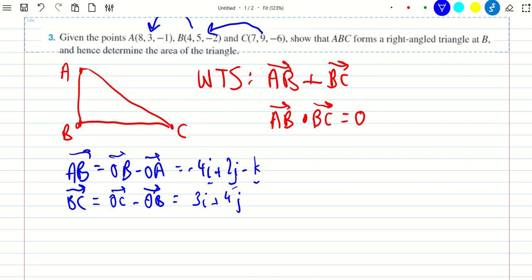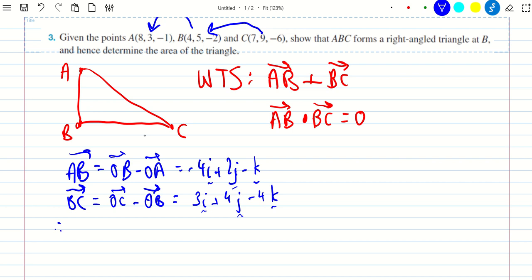And negative 6 take away negative 2, so that's negative 6 plus 2 will be negative 4k. Okay, make sure I put all the tildes in there. So there we've got AB and BC. All we need to do to prove that they're perpendicular is to find the dot product.